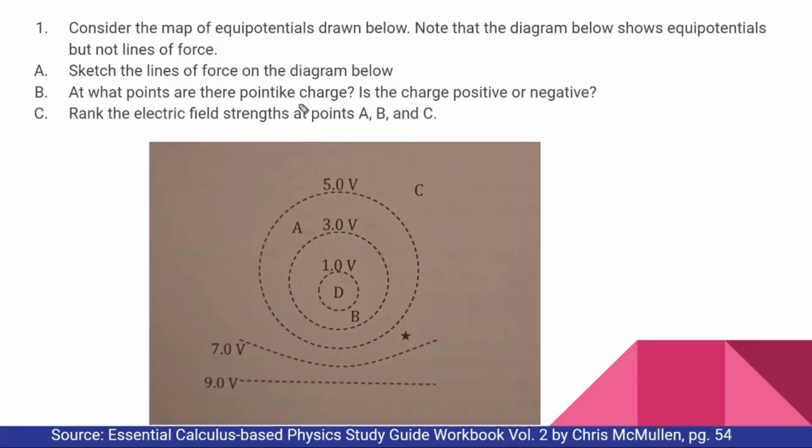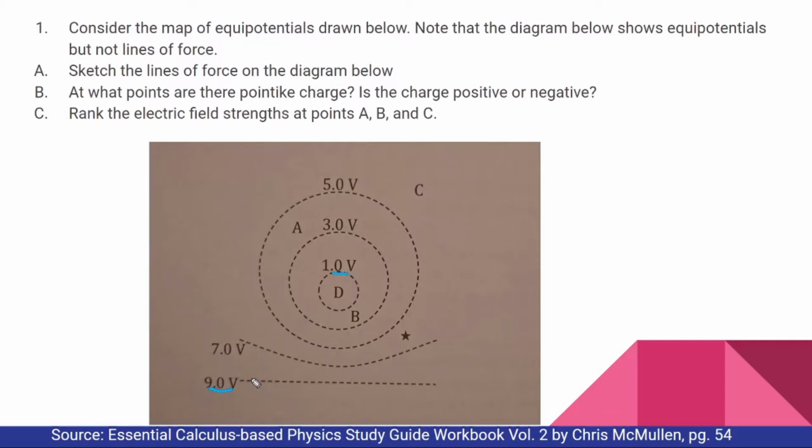Consider the map of equipotentials drawn below. Note that the diagram below shows equipotentials but not lines of force. Sketch the lines of force on the diagram below. Well, you want to start from your points of high electric potential and go to your points of low electric potential.